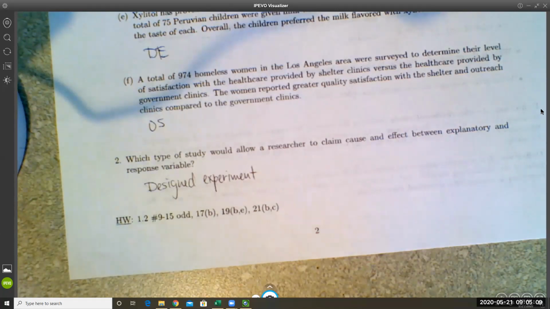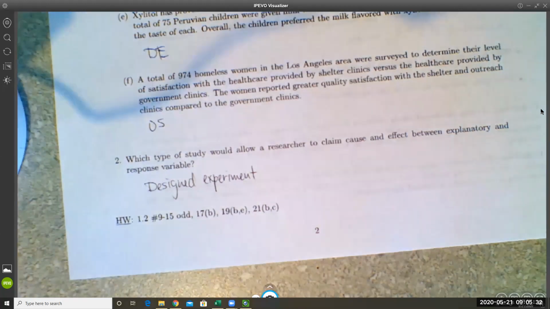Whereas if you're just performing an observational study, there are lots of things going on. You could have a lot of what are called covariates, right? So you could have a lot of other things going on that are causing some kind of response, and it may not be the explanatory variable that you're looking at that's actually causing a response.